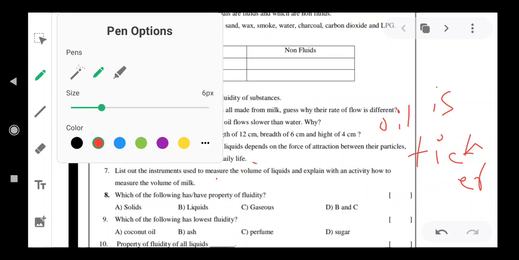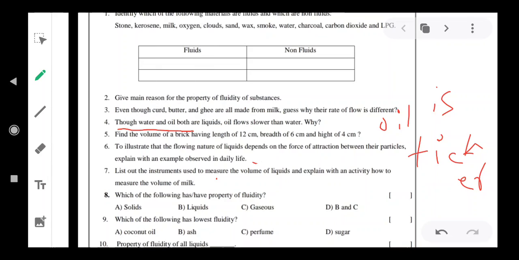Thicker means the particles have less free space than in water. That's why the oil is thicker than water, and that's why water flows faster than oil.